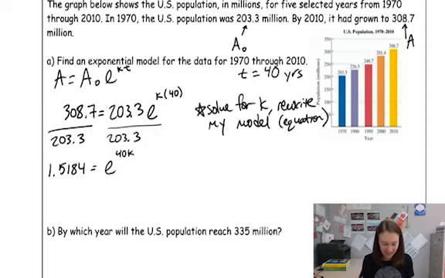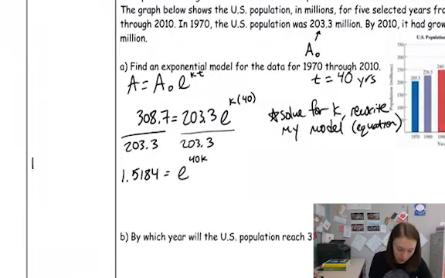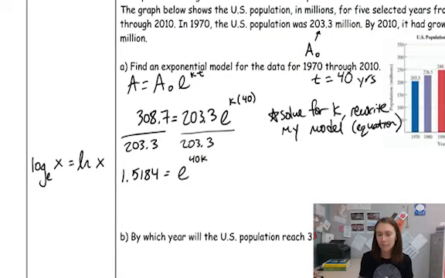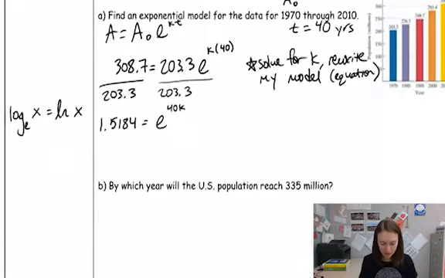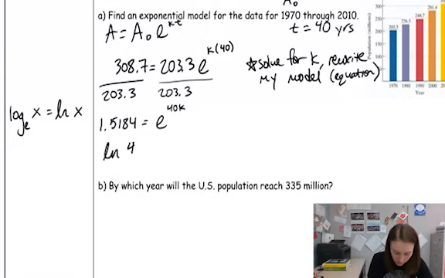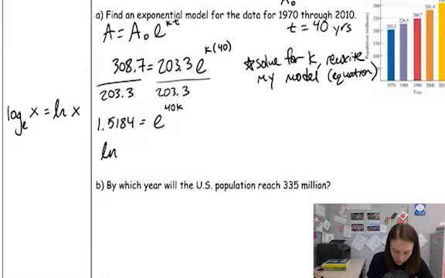All right, and then from here, the exponential piece is isolated, so I'm going to change it to log form. Now remember, a log base e of something is the same as the ln of that something, and we can use the ln button. Whenever we have a base of e, we want to use that ln. So I'm going to change this to the ln of 1.5184 equals 40k.